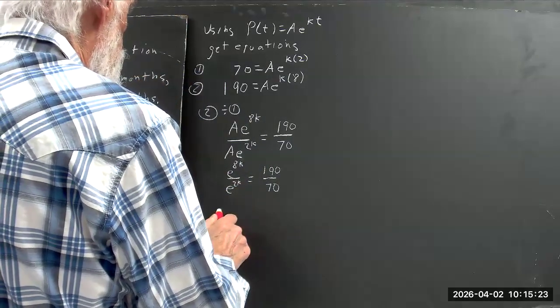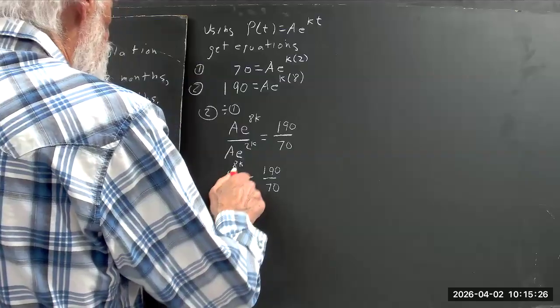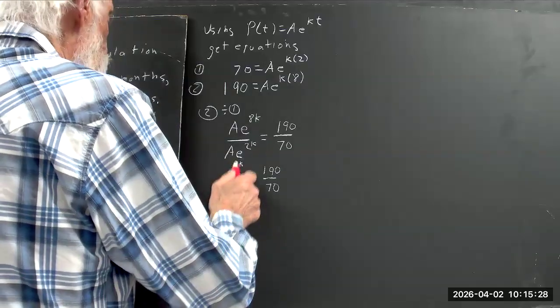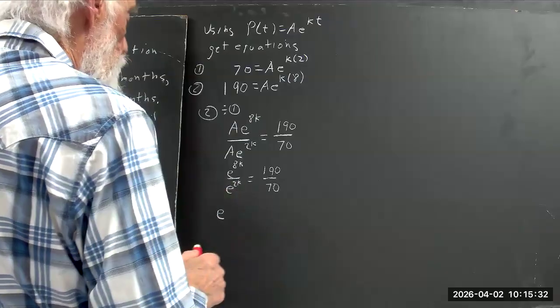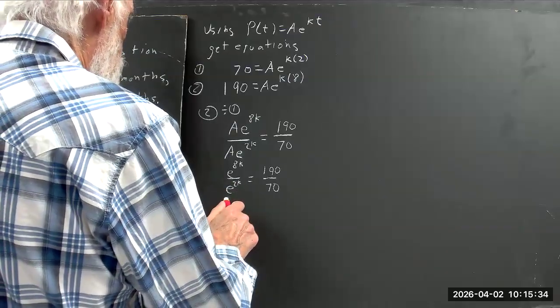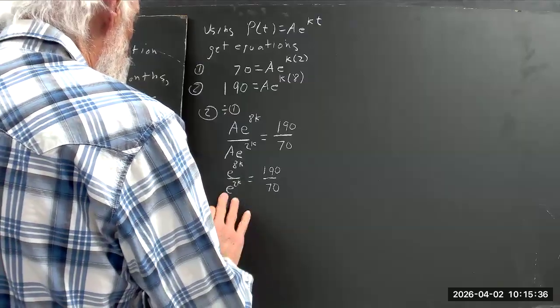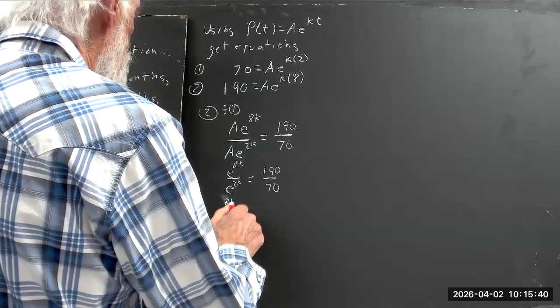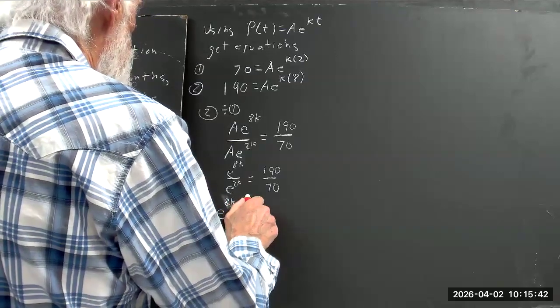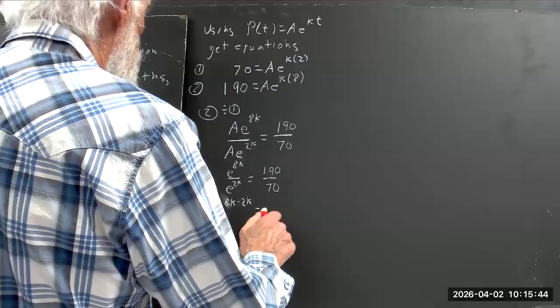Using the rules for exponents, when I divide the same base to one power by that base to a different power, I'm going to subtract the exponents. I'm having trouble writing 8s today. I don't know what this is, but e to the 8k minus 2k. Writing this out carefully.